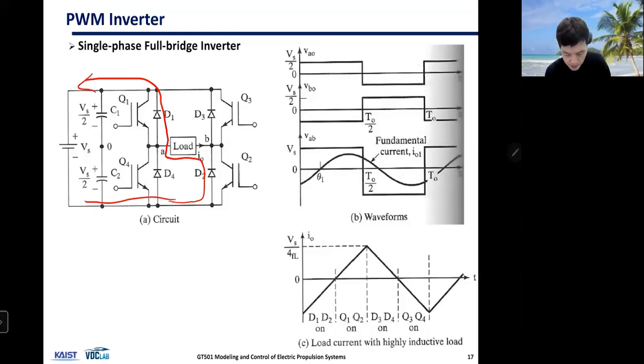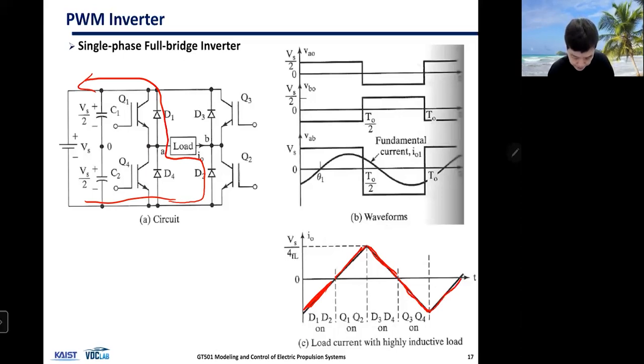Okay, so this is this phase. So positive but increasing current, and then positive but decreasing current, and then decreasing current at the negative region, and then increasing with negative current.